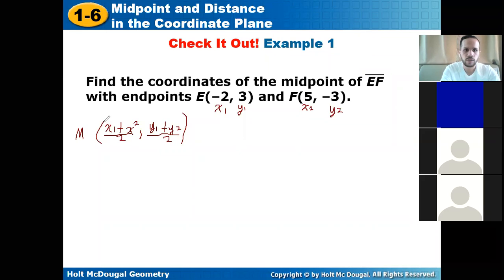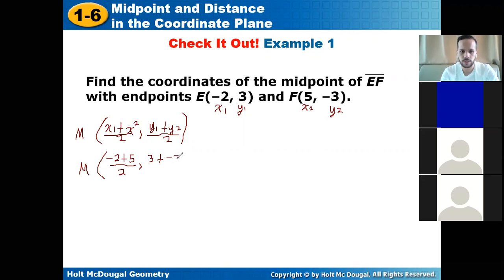So now you have to substitute, put everything where it goes, and it's going to be something like this. Okay, it's just going to be -2 plus 5. Okay, and that's going to be divided by 2. Okay, and in the other part of the y values or the vertical points, it's going to be 3 plus -3.